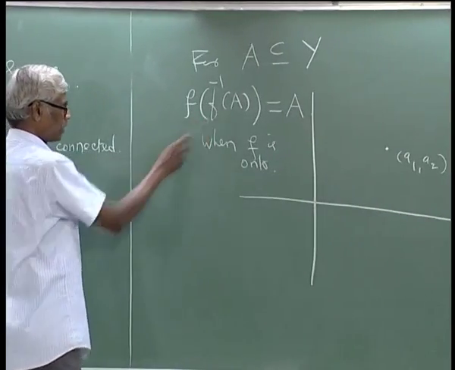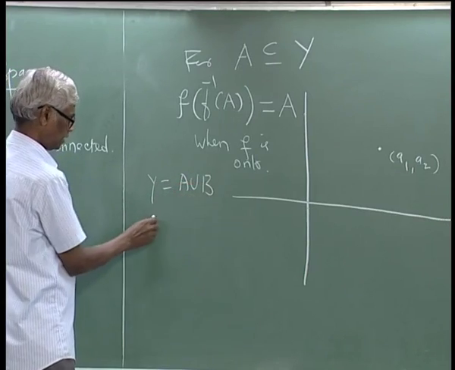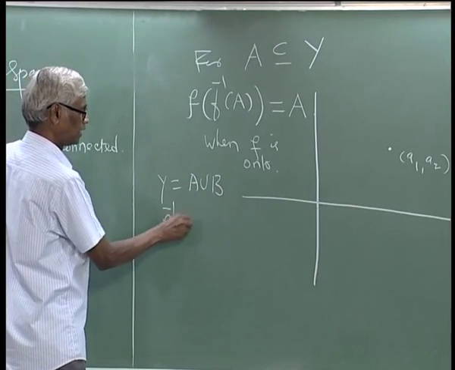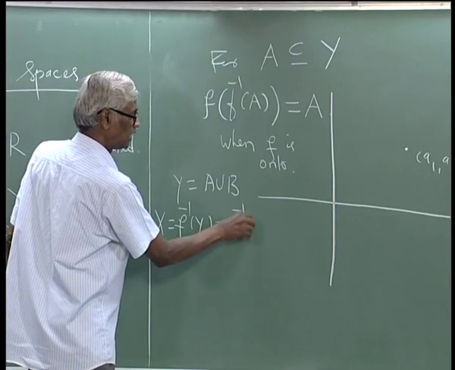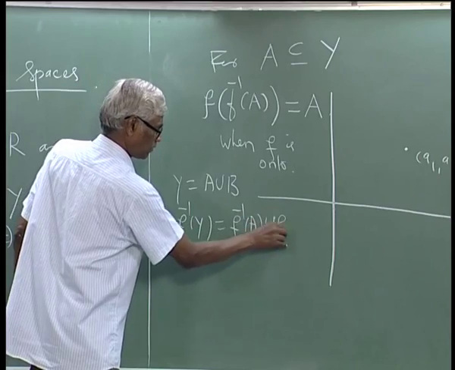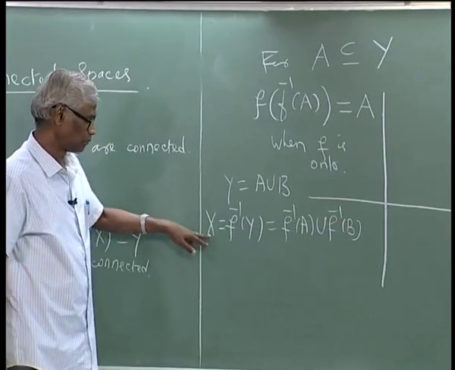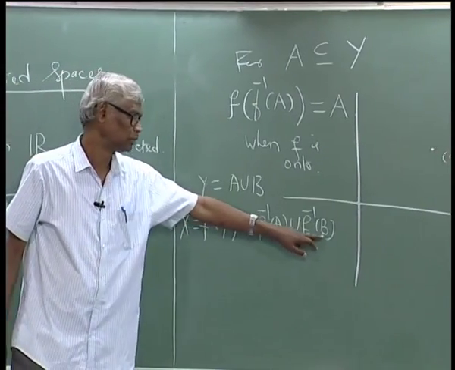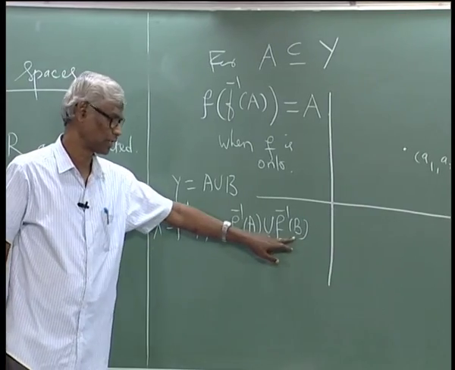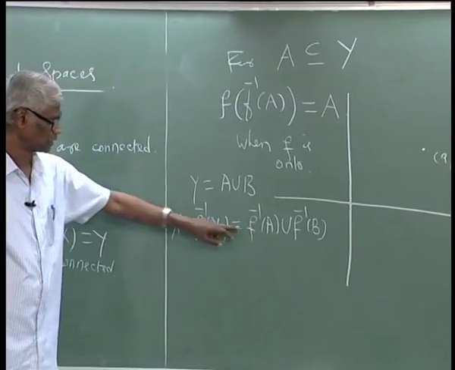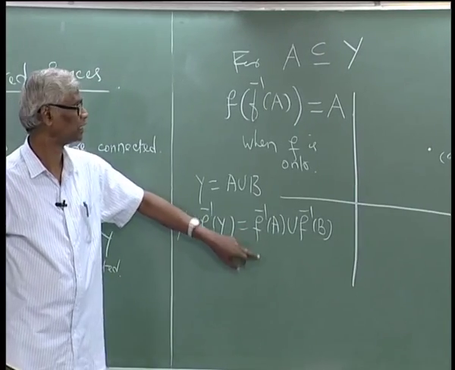In fact we are able to write Y equal to A union B, which implies f inverse of Y, that is our X, equals f inverse A union f inverse of B, and because X is connected, with A open so f inverse of A open, f inverse of B open, at least one of the sets, say f inverse of A, is empty.